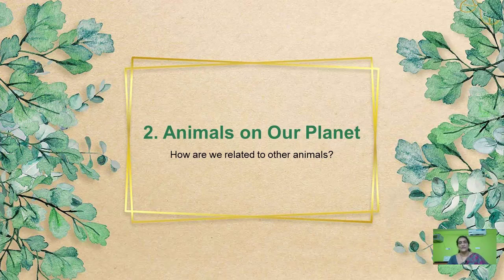Do you know about the animals that live on Earth? Yes, lions, tigers, crocodiles. We human beings, even we belong to animals. Do you know, children? All the animals on Earth belong to one family. We all are related to each other.